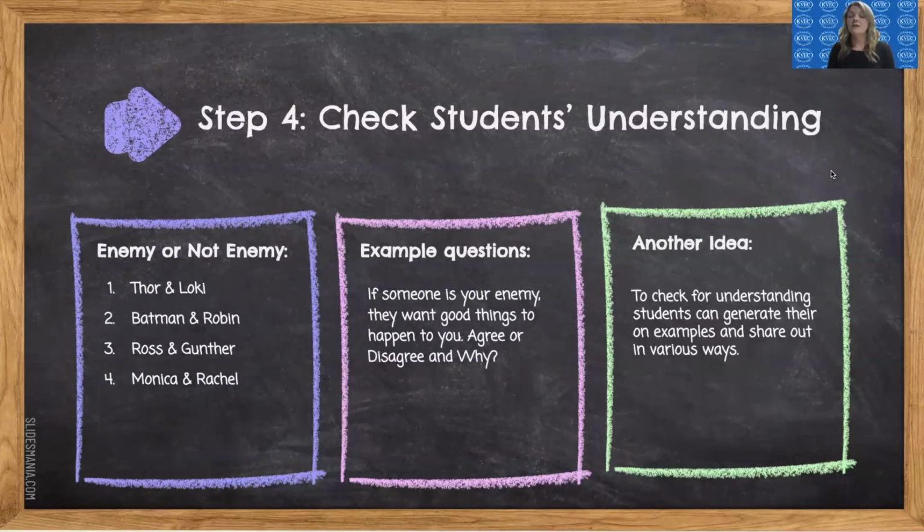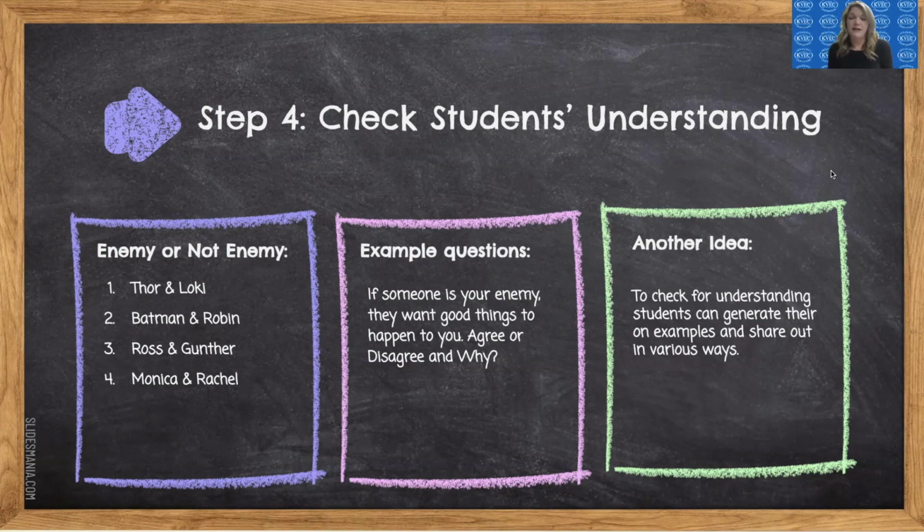You can do that a couple different ways. One way is you can just ask them and say, Thor and Loki, are they enemies or not enemies? Batman and Robin, enemies or not enemies? And Ross and Gunther, I'm a Friends fan. Ross and Gunther, enemies or not enemies? Monica and Rachel. So just give them examples, mix it up a little bit, and then they could say enemy, not enemy.